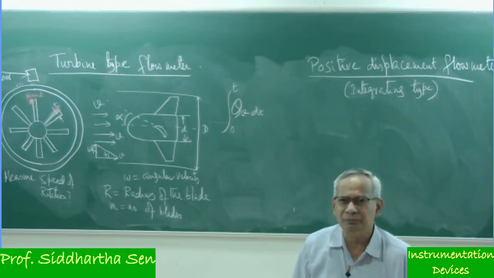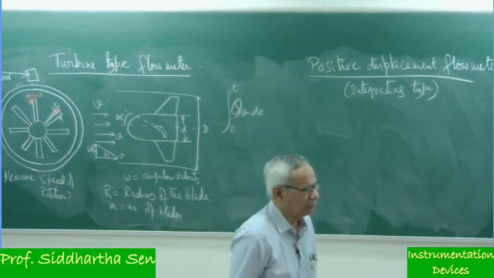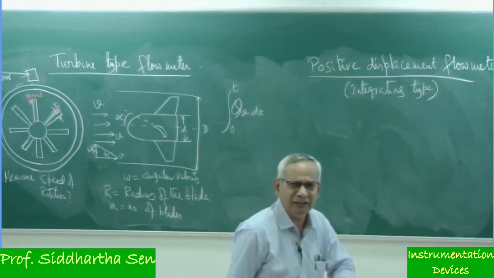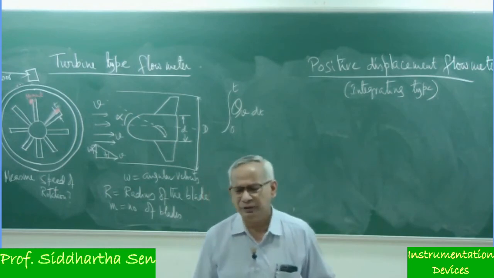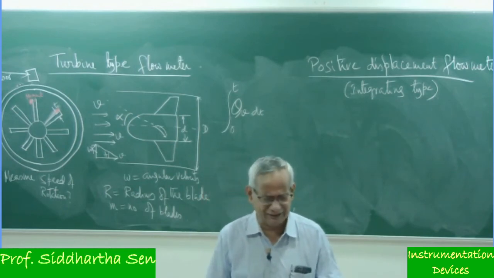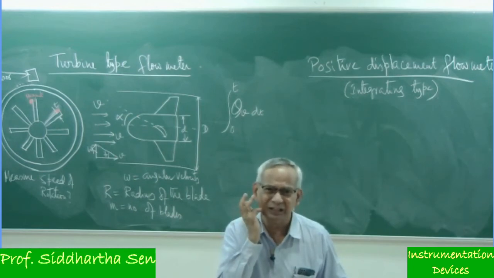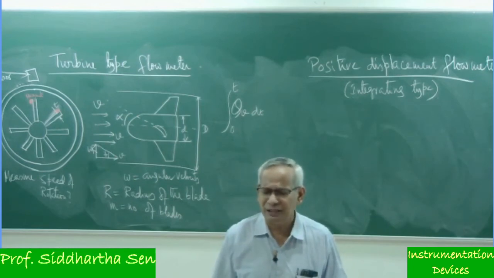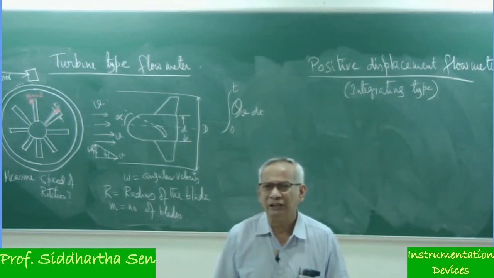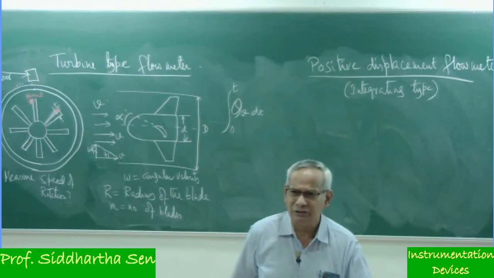So this is very important and we often use it. There are many different types of mechanical designs, but basically it is a mechanical instrument, because it is a mechanism by which we can find out the flow rate.